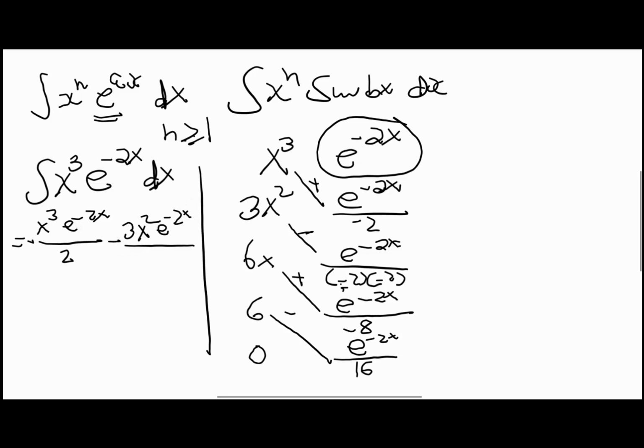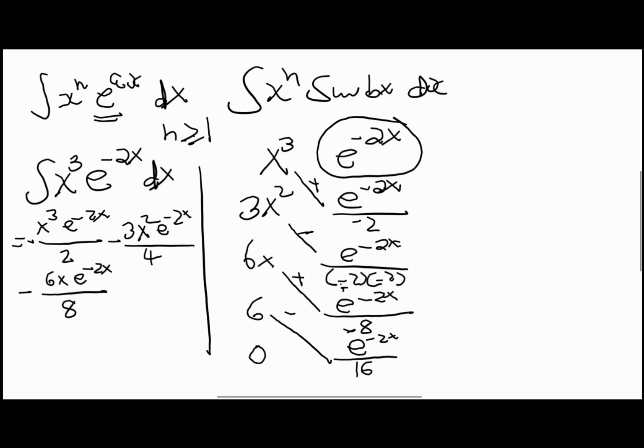Okay, and divided by how much? Just 4. And here we have negative and positive combining again, so we will have a negative sign again. Okay. And then this would be 6x e to the negative 2x divided by 8.